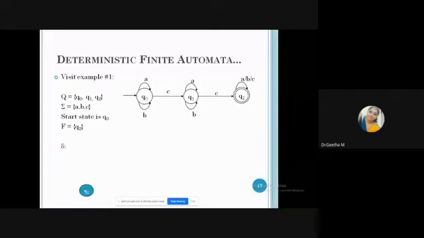Only after seeing input C can it move. Then suppose you are in Q0. After getting symbol A, you can move from Q0 to Q0 again. This is the concept of maintaining the same state.